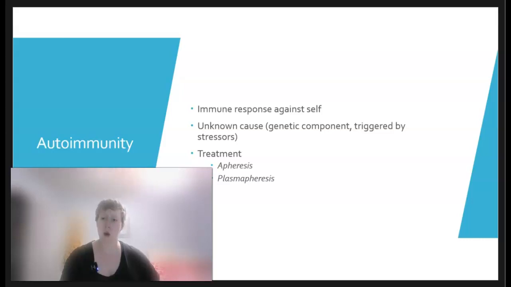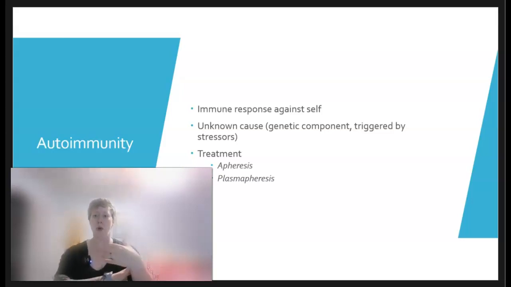The big thing that we want to watch out for with plasmapheresis is that it's pulling off a large volume of blood, filtering it through something, and then giving it back to the patient. So it can cause hypotension from those volume changes when it pulls out that large volume of blood. The other thing it can do is cause hypocalcemia because citrate is in the little filter so that the blood doesn't coagulate on the way back into the body.